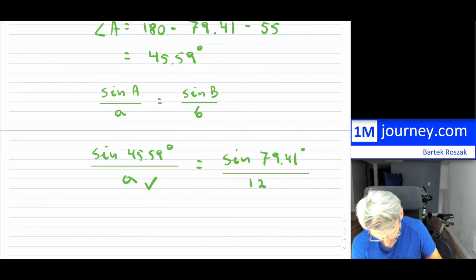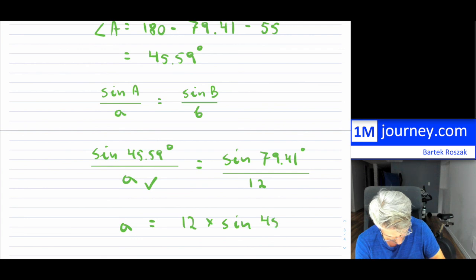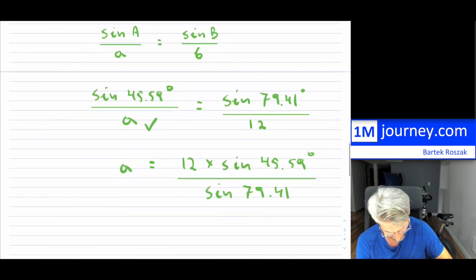All right, so if I rearrange this, I'm going to get A is equal to 12 multiplied by sine of 45.59 divided by sine of 79.41.